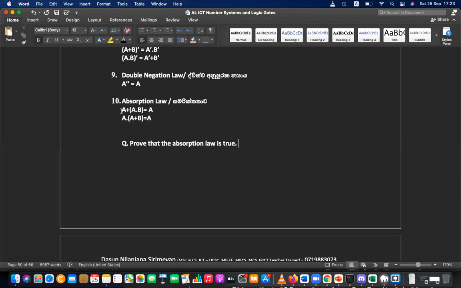You have to prove that this law, the absorption law, actually I didn't explain how this law is derived. So you have to apply other laws and try to show that the absorption law is true. I'll give you 5 minutes. Just give it a try.